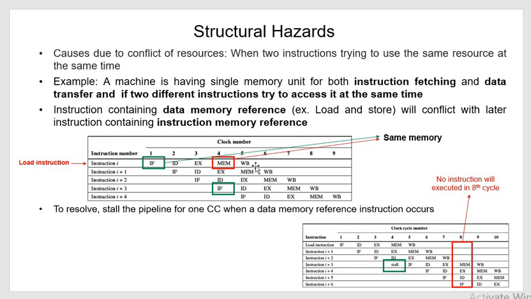So this stage of the I+1 instruction is not going to do anything, and that is why the instruction fetching is possible in this case.